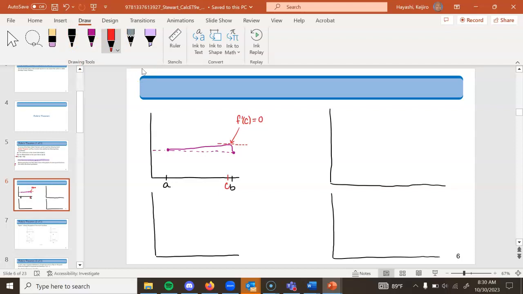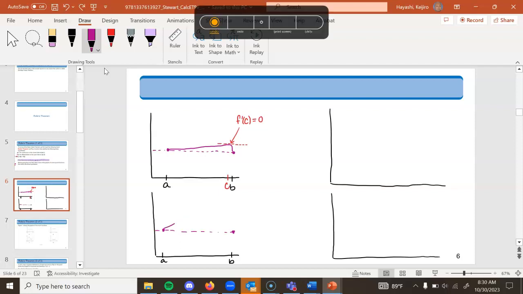And this is going to happen no matter what function you draw, again, as long as it satisfies those three conditions. You can try your best not to have this happen, but it's going to no matter what.